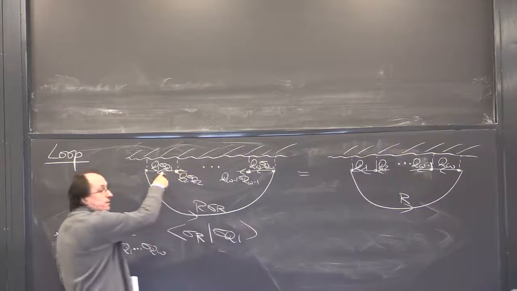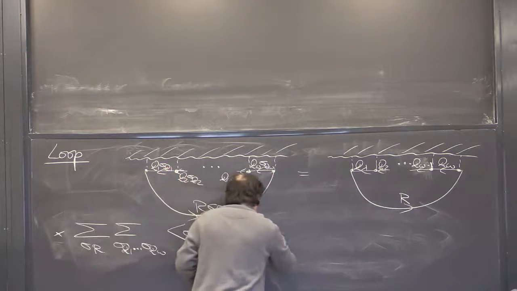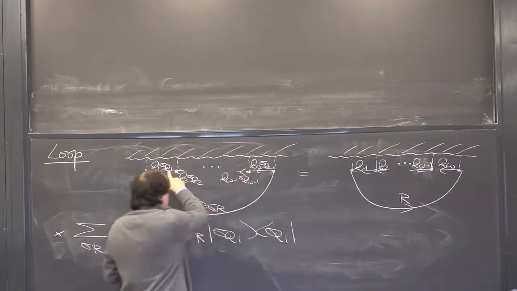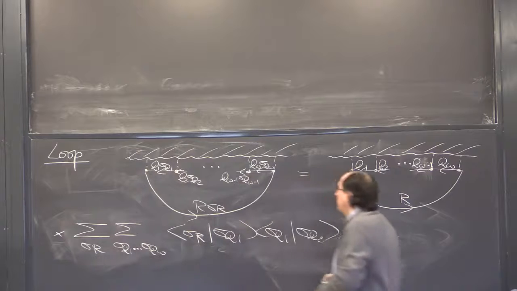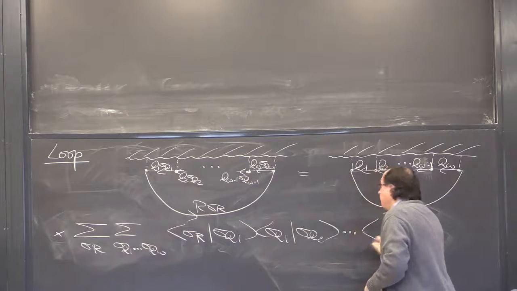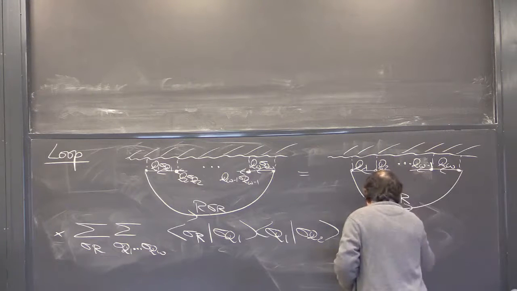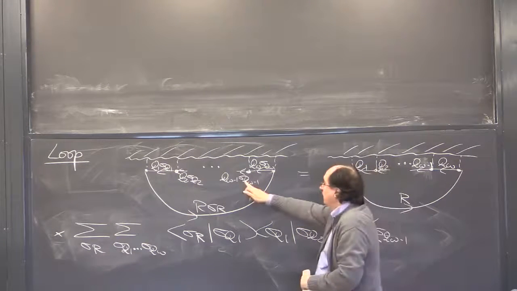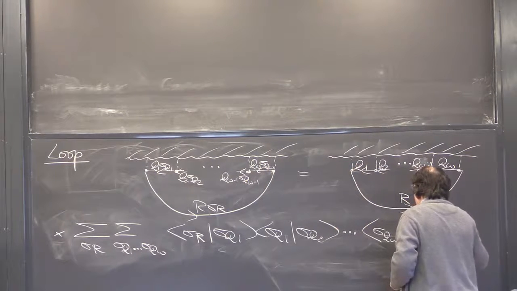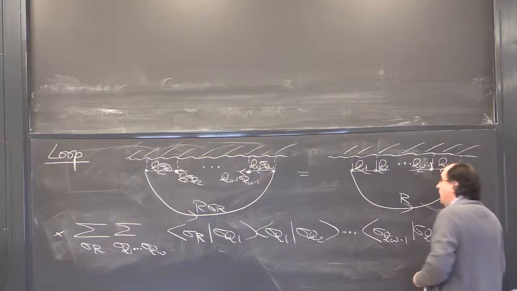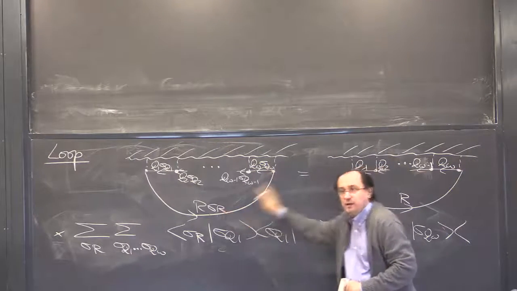Okay? That's this one. Then next one will be sigma Q1 running into sigma Q2. So inner product of these two spins. Then you continue, and if you look at the last terms, we'll have sigma Q omega minus 1, that's this one here, running into sigma Q omega. And the very last is an inner product of sigma Q omega with sigma R, closing the loop.